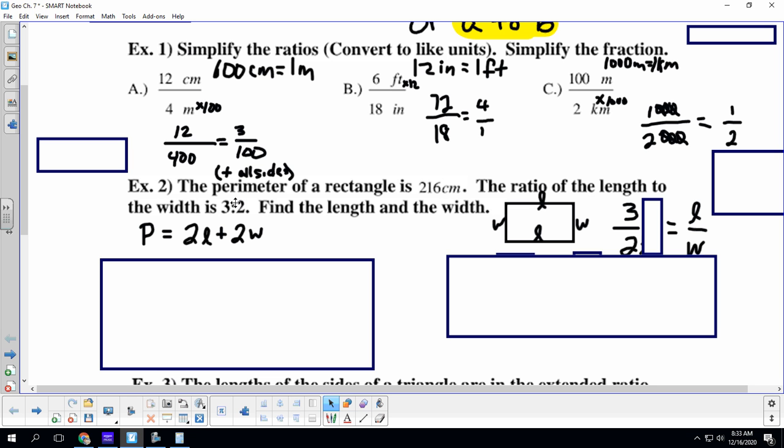So when you get a ratio and you know that the amount is not equal to those because it doesn't match up with the other information, you have to put the x's with it. We are going to multiply the 3 and the 2 by some number x because the dimensions are blown up so that we can get a perimeter of 216. We just don't know what that is yet, and we will solve it.